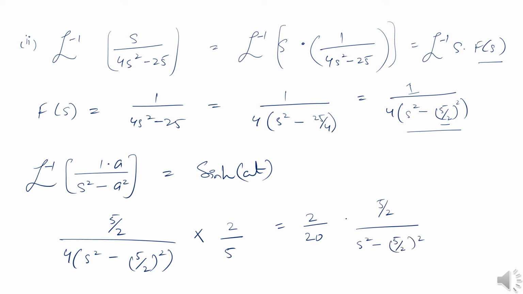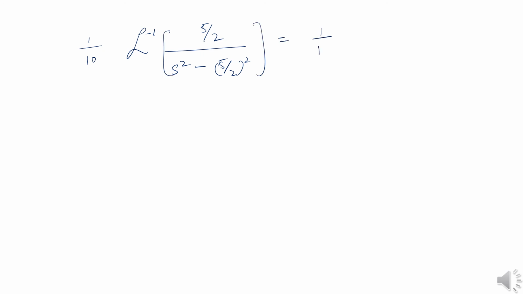Now I can take the inverse transform easily with a equal to 5 over 2: it is 1 over 10 sinh of 5 over 2 t.